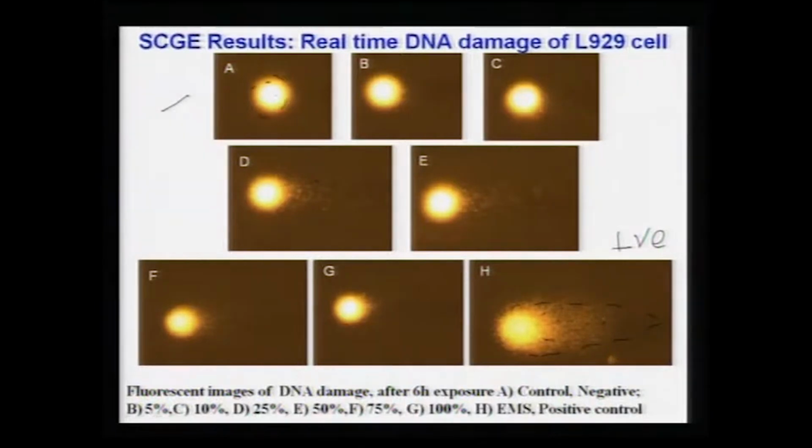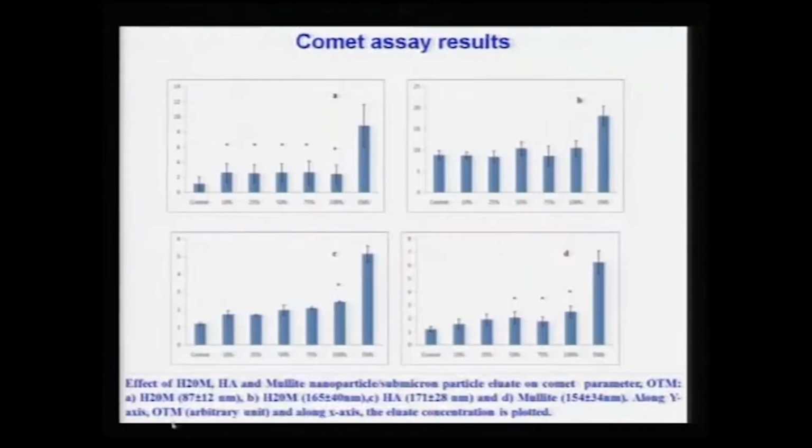In between these two extremes, the moment you are adding 10%, 25%, 50%, 75%, that means progressively more and more DNA is being damaged, and that is what is being shown in this particular plot.